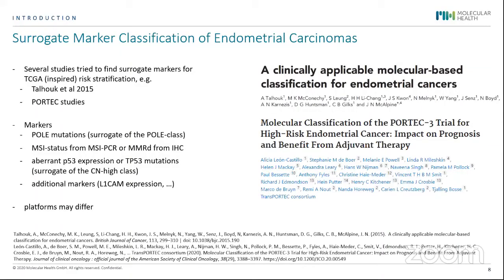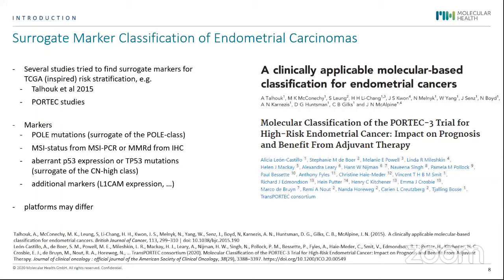And I just give 2 examples here. One is the Talhouk et al. study from 2015. And there's a series of studies called PORTEC, still ongoing, some of them, that also use these surrogate markers to classify patients into at least TCGA-inspired subtypes.